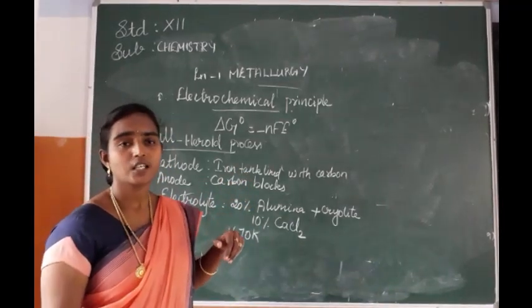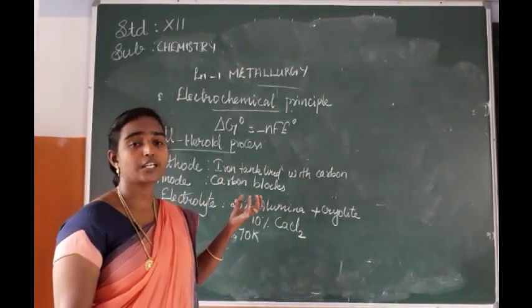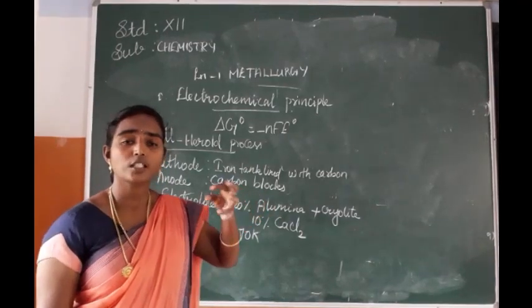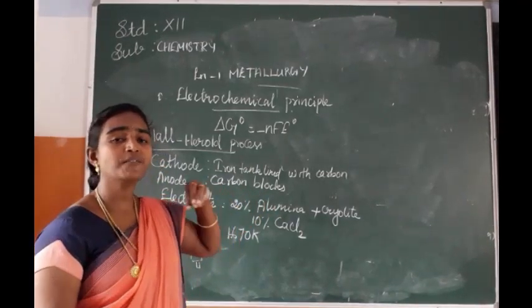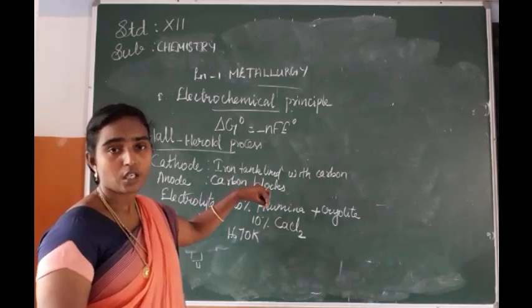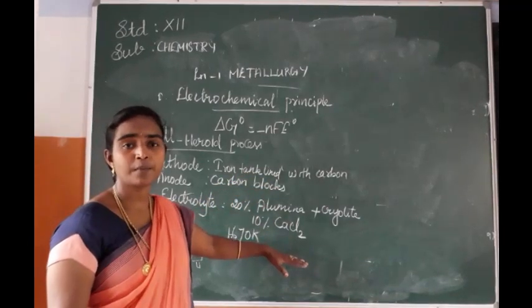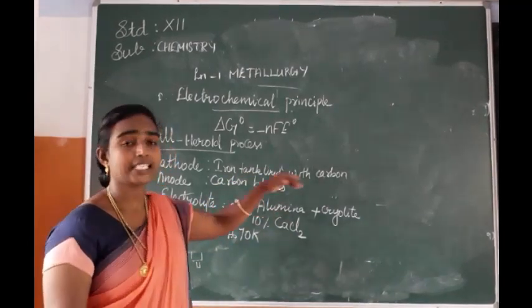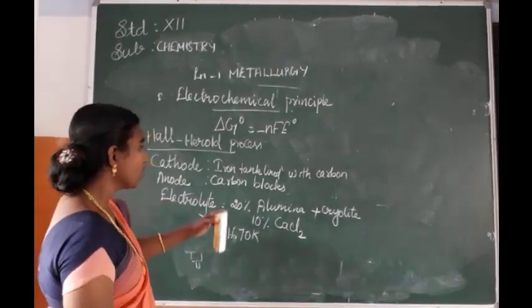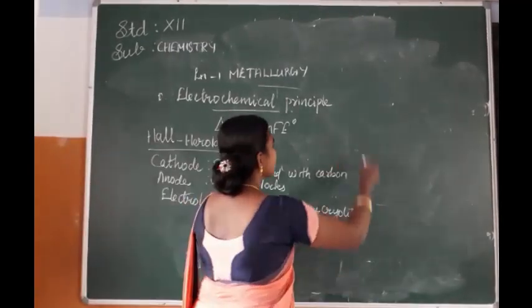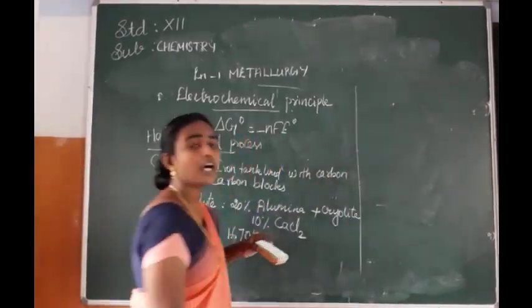Okay. So now when electricity is passed, according to electrolytic refining, the pure metal, that is aluminium, will be collected at the cathode. So we can see the reactions, how this aluminium is collected at the cathode. So first, ionization of alumina.